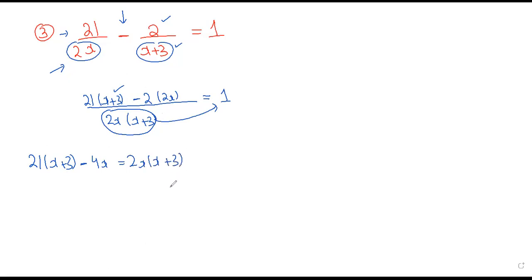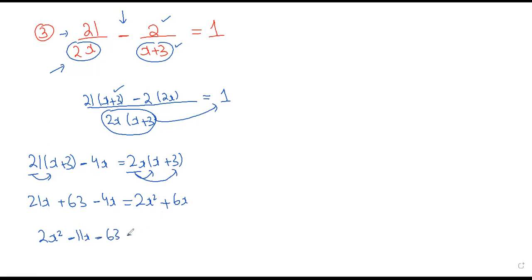Now I am going to simplify this. 21 into x would give me 21x, plus 21 into 3 would give me 63, then minus 4x. 2x into x would give me 2x squared, and then 2x into 3 would give me 6x. I am going to simplify this entire thing and I would get 2x squared minus 11x minus 63 equals 0. This is going to be my final quadratic equation.